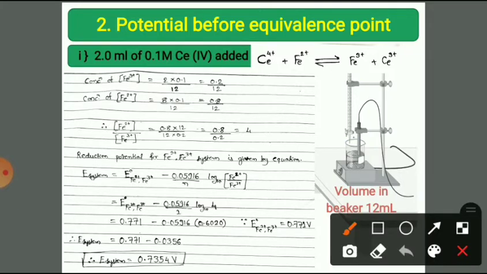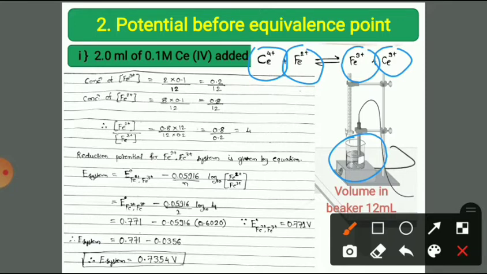Initially the beaker has only 10 ml of Fe2 plus solution. But after addition of the cerium 4 plus from the burette, the cerium 4 plus gets reduced to cerium 3 plus, because the Fe2 plus gets oxidized to Fe3 plus.